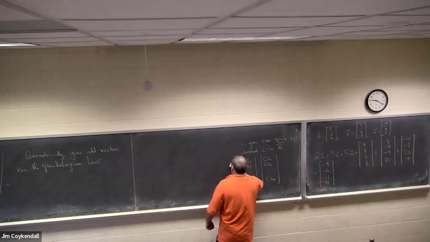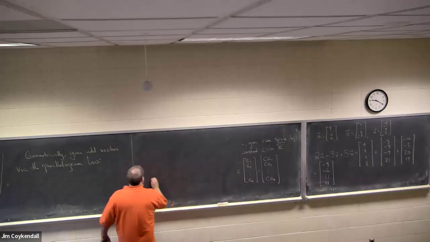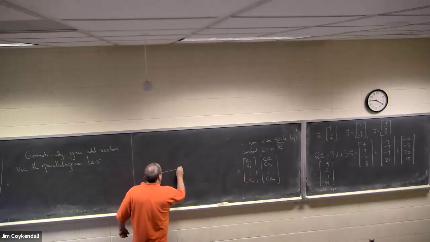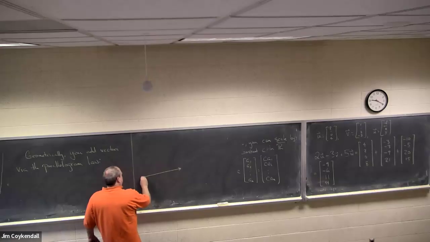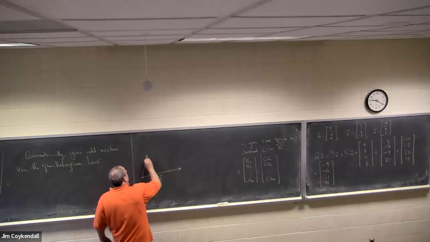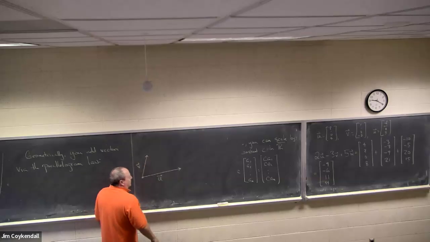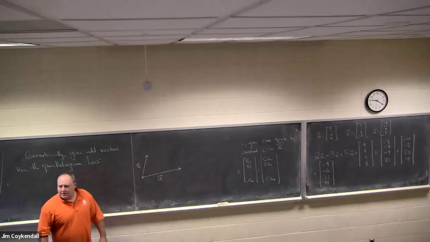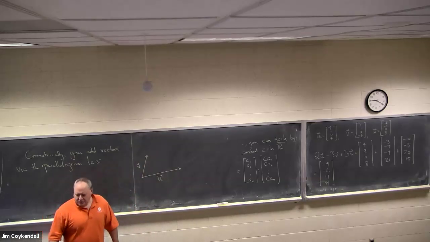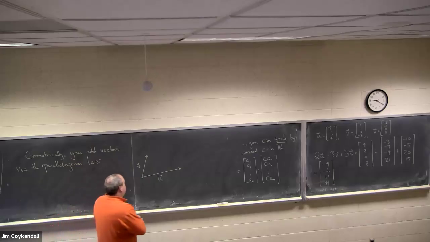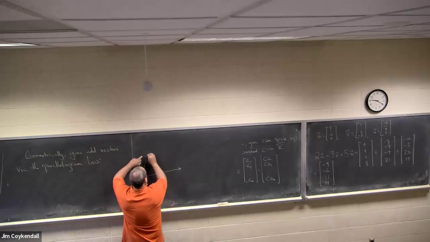I'm just kind of going to draw it for you. If you have, say, vector U and vector V, then to get U plus V, you just take the resultant parallelogram. Let me try to draw this as best I can.